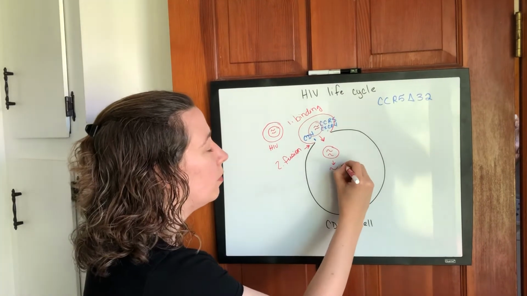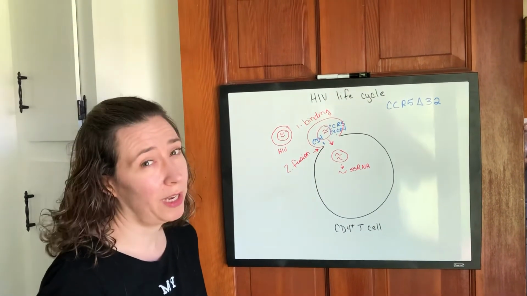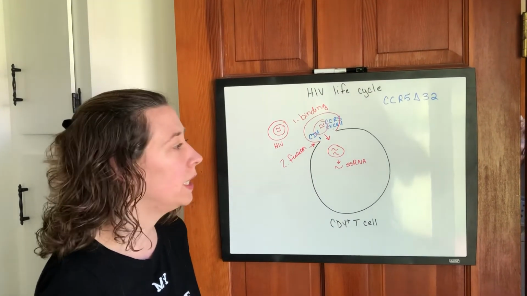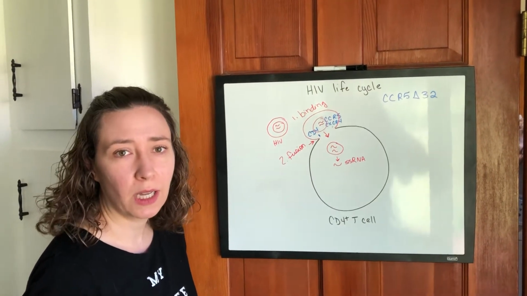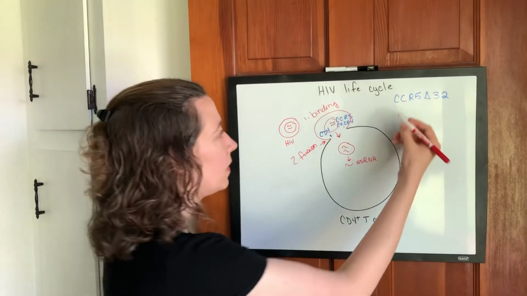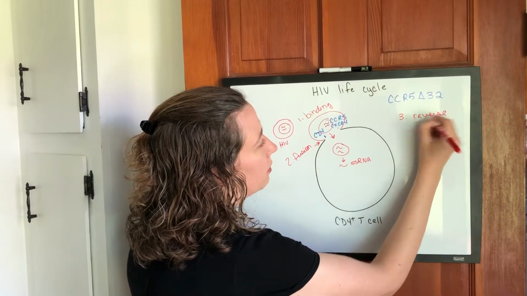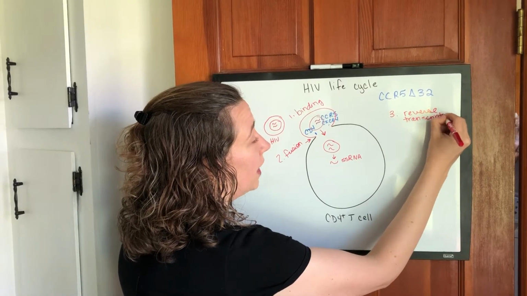So remember that what the virus carries is single-stranded RNA. Host cells don't have lots of single-stranded RNA, at least not stable single-stranded RNA. And so we have to find a way to convert this into something that host cells can use. And so the third stage is the use of the reverse transcriptase enzyme, which is a viral enzyme.